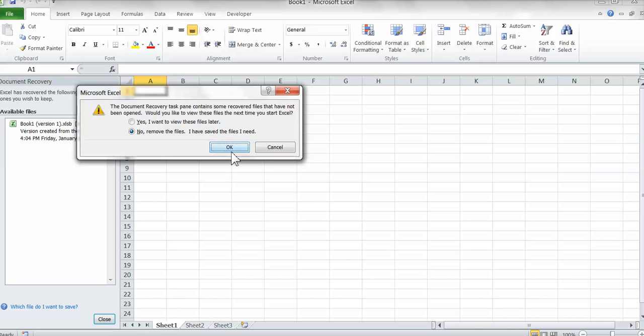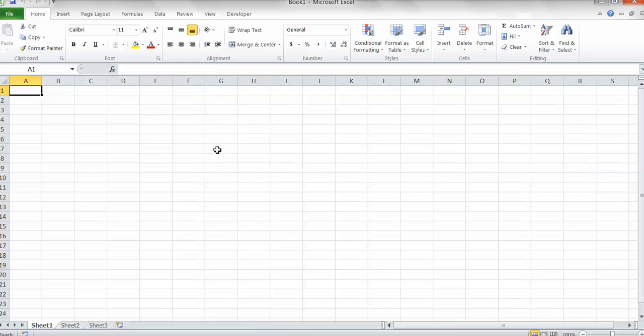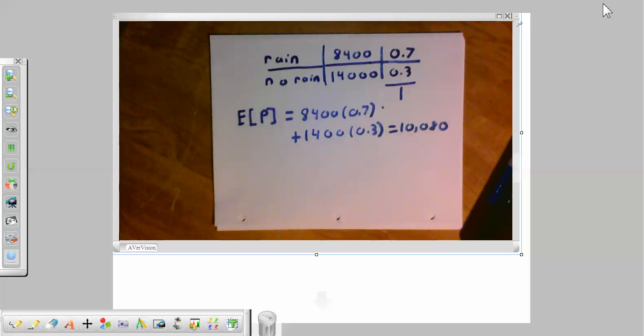You just hit the equal sign to do a calculation, and we're going to do 8,400 times 0.7 plus 14,000 times 0.3, which is equal to 10,080. Okay? So I hope this answers your question, and if you have any other questions, feel free to ask, and have a great day.